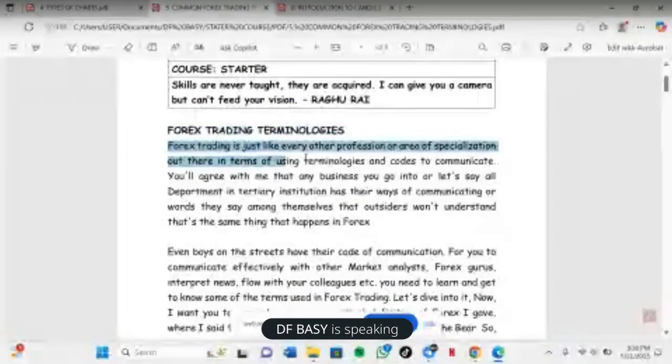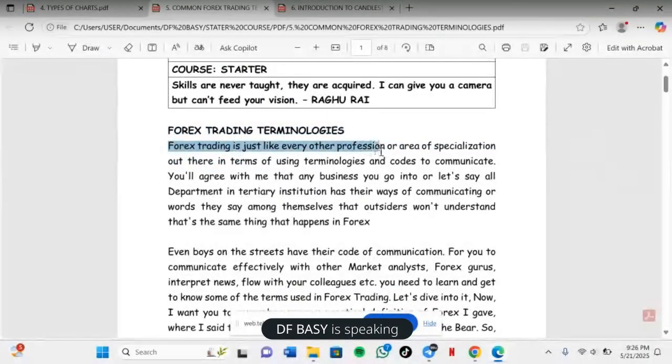Forex trading is just like any other profession or area of specialization out there in terms of using terminologies and codes to communicate. Right? You agree with me that in any business you go into, or all departments in a tertiary institution, they have their way of communicating, words they say among themselves that outsiders won't understand.